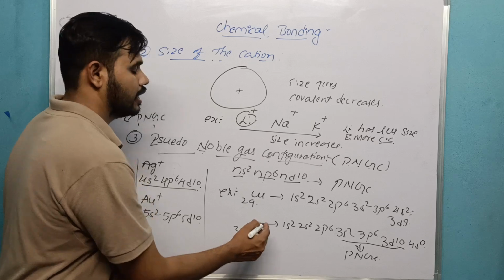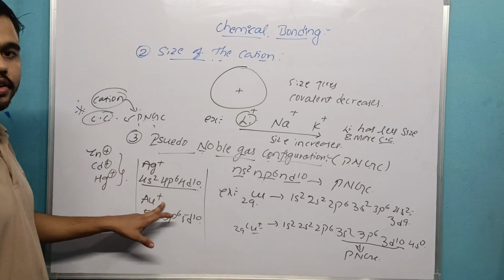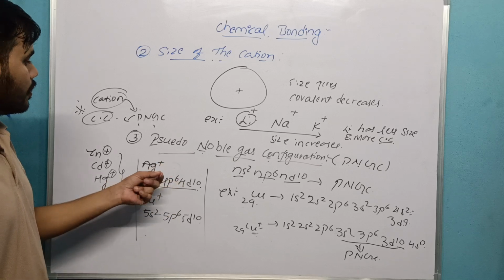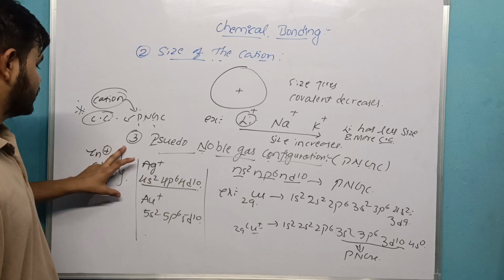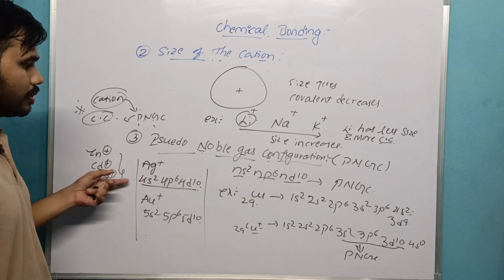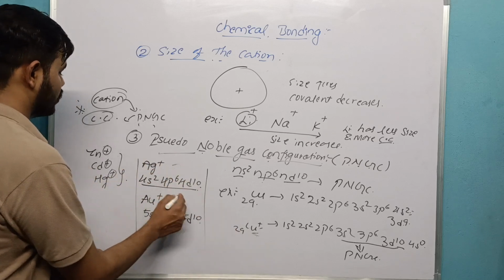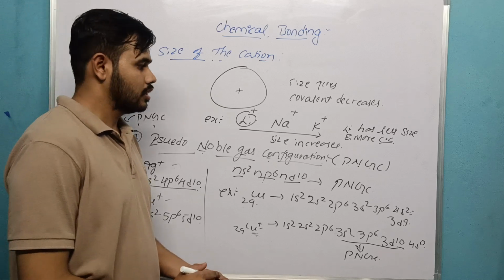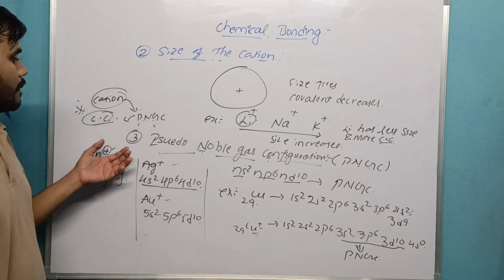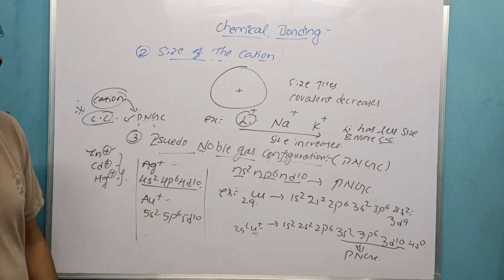So Cu plus has more covalent character, and similarly Ag plus and Au plus obey pseudo noble gas configuration, and these 3 cations also obey it. The cations which obey pseudo noble gas configuration will have more covalent character. That is the idea here. Note down.